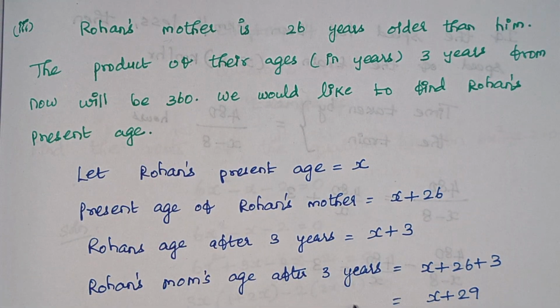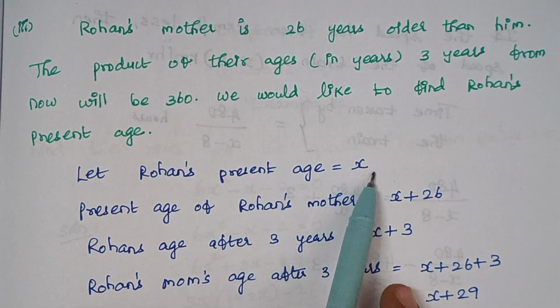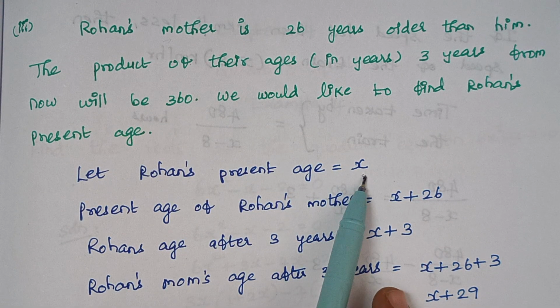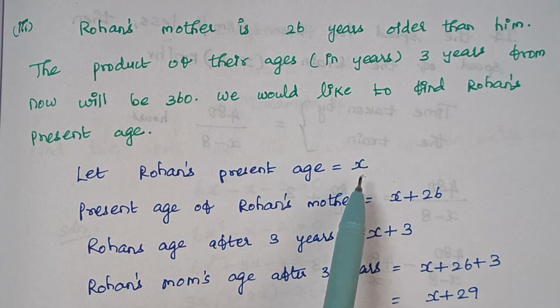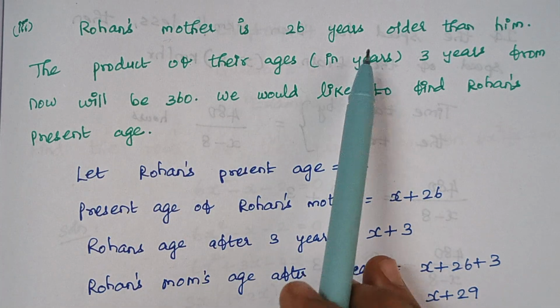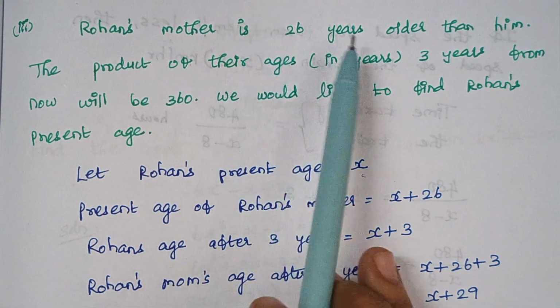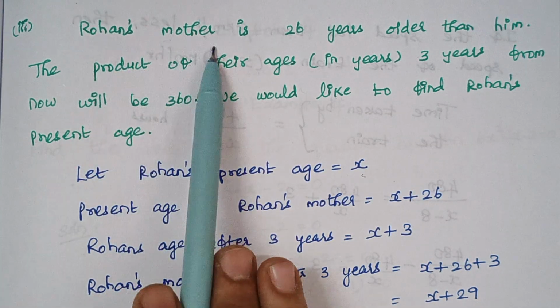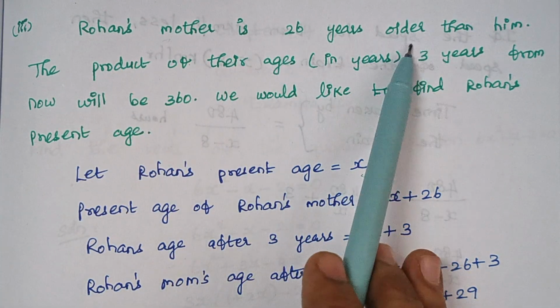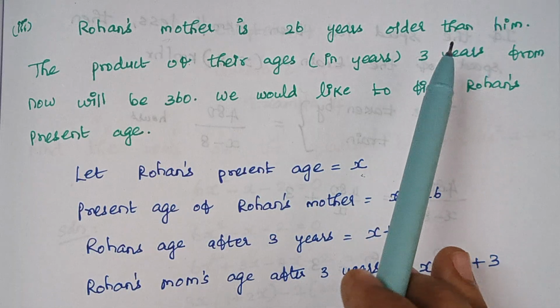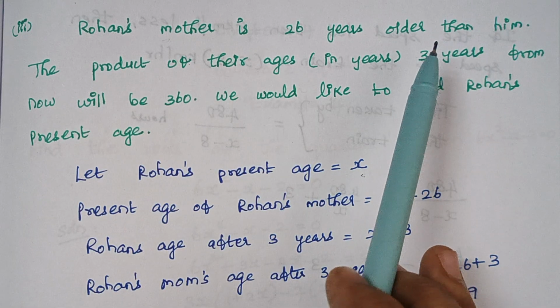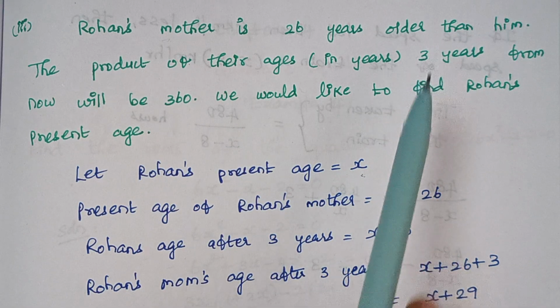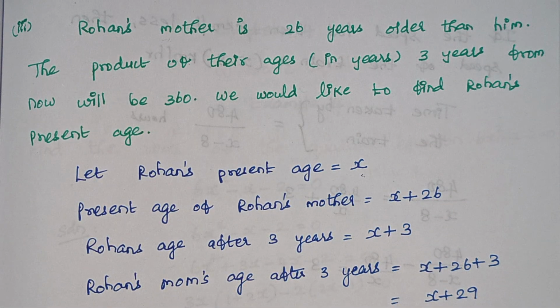So first we start with, let Rohan's present age be X, because we don't know. Now what is the age difference between Rohan and his mother? It is 26 years. It is clearly given that Rohan's mother is 26 years older than him. If his age is 5, then 5 plus 26, the mother's age is 31. Just for example I am telling, we don't know what Rohan's age is.